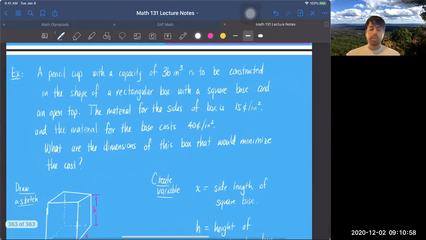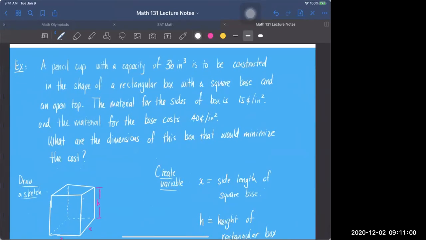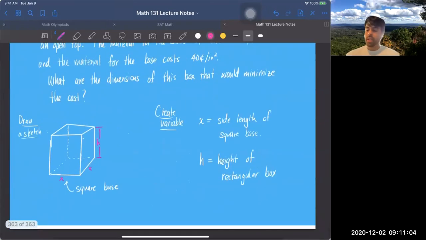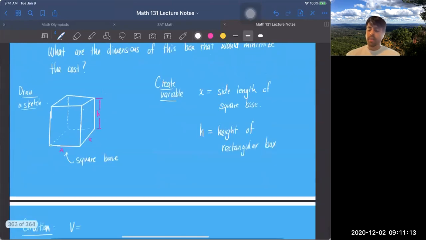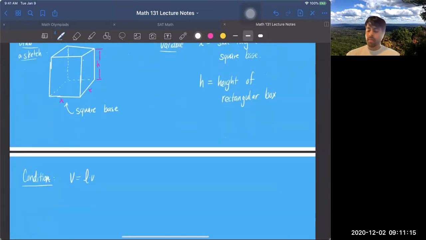What else do we know? We know the volume. This is going to be our condition. What's my condition, my restriction? My condition is the volume. And what's the volume of a rectangular prism again? Length times width times height. But we know that the length and the width are the same.